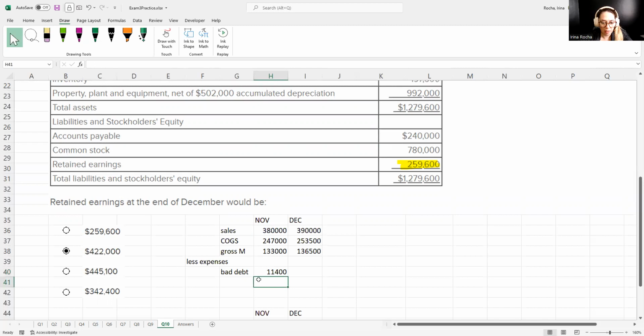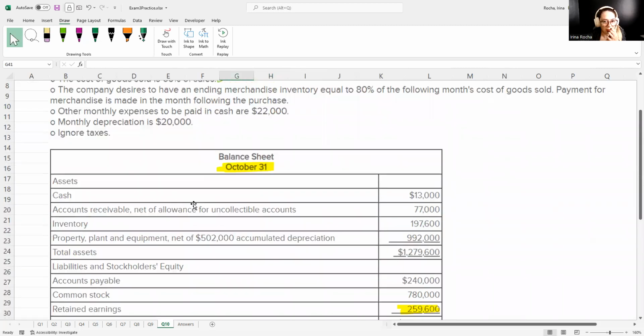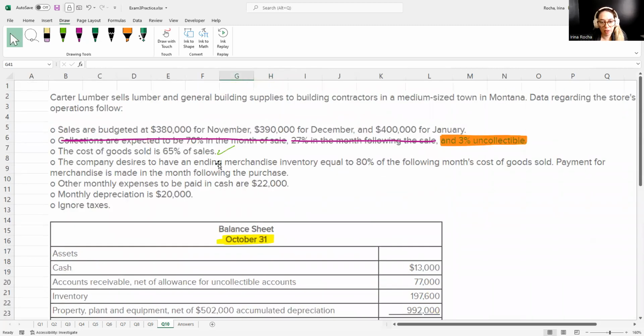Do we have any other expenses? Let's see. The company desires to have an ending merchandise inventory, blah, blah, blah. Irrelevant for me right now. That has to do with the production schedule, so that is irrelevant as well, right? It does not affect net operating income. Other monthly expenses to be paid in cash. Oh, that's relevant.